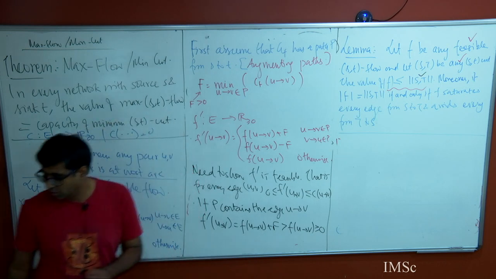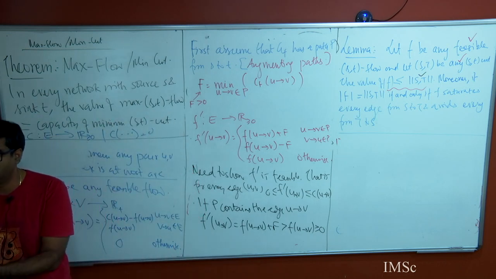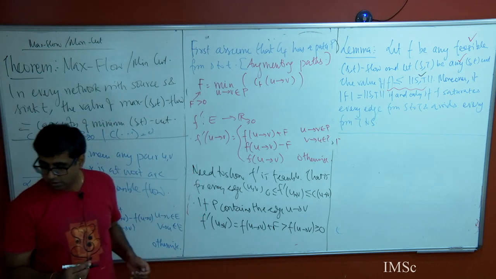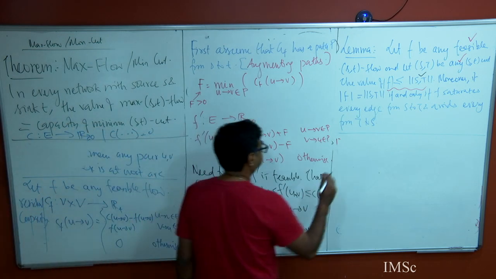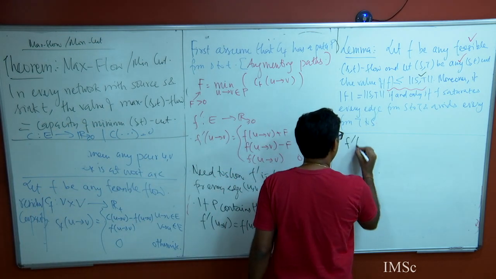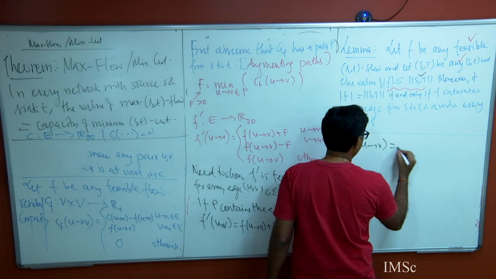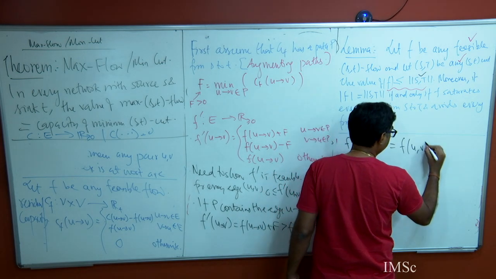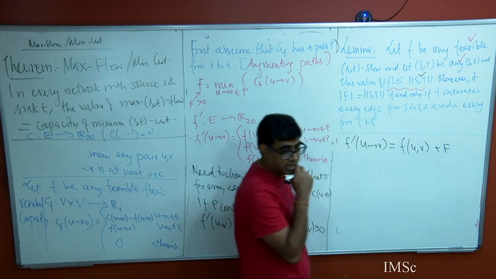Now how do I show that it is upper bounded by the capacity? Okay, now notice, what is F prime of u comma v? It is F of u comma v plus F, right? This is what we know.